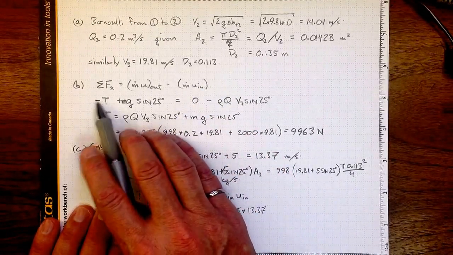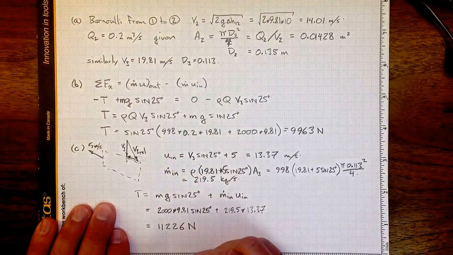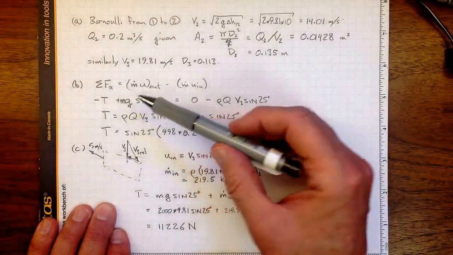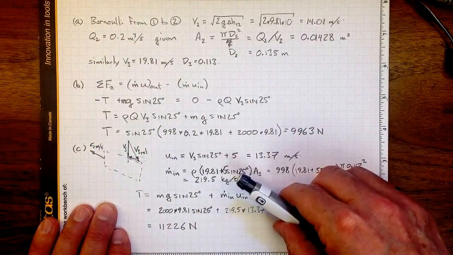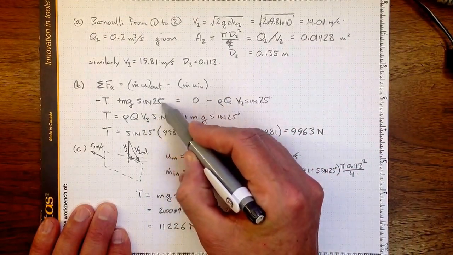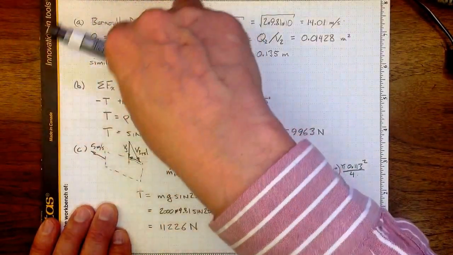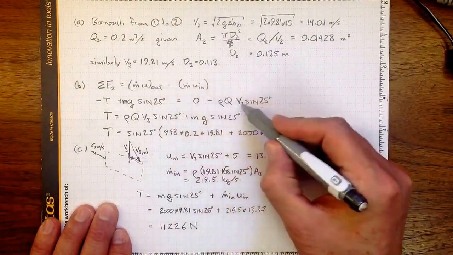So the tension in the cable acts up the hill in the negative x direction. The weight of the cart acts down the hill in the positive x direction, and it's multiplied by the sine of 25 degrees to account for the angle. M dot u out, 0.